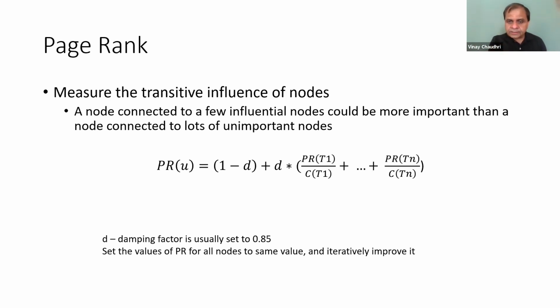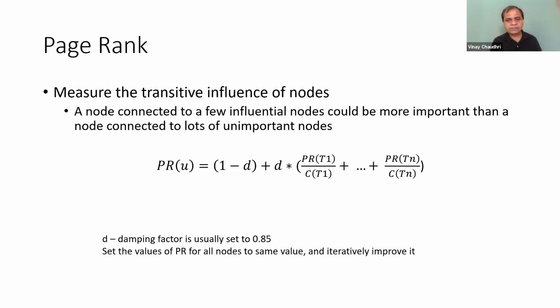Let's just look at the expression that we are seeing within the parentheses. PR(T1) through PR(Tn) are the page ranks for nodes T1 through Tn. And C(T1) through C(Tn) is the count of the number of other nodes that each of these is connected to. So the way this algorithm works is that we would start by setting the page ranks for all the nodes to some arbitrary value.